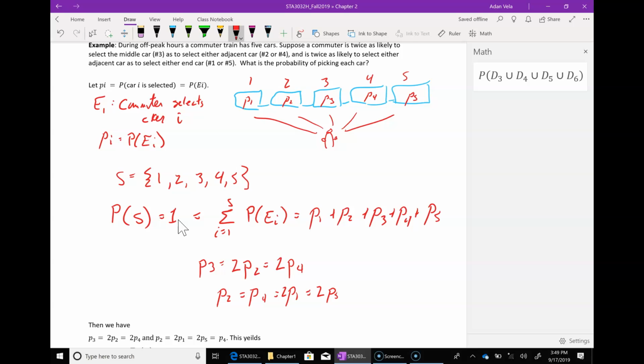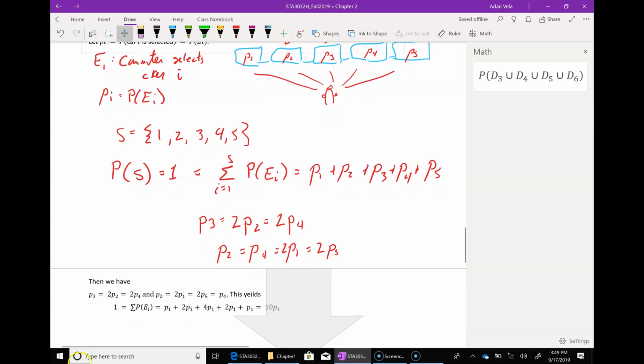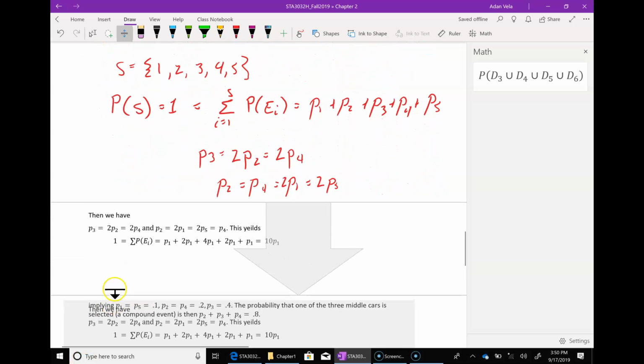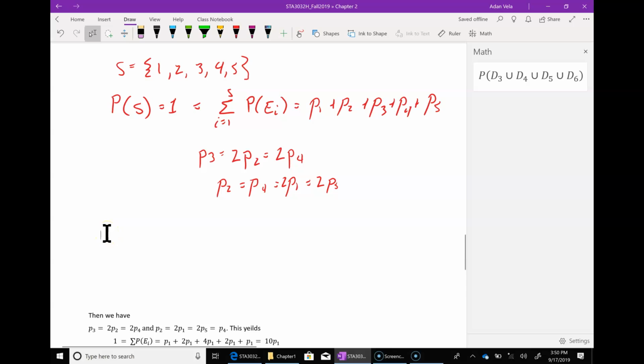So knowing all this information, we can do some back substitution in order to solve for each of these individual probabilities. So when we do those substitutions, if we take this down, we're left with P1.